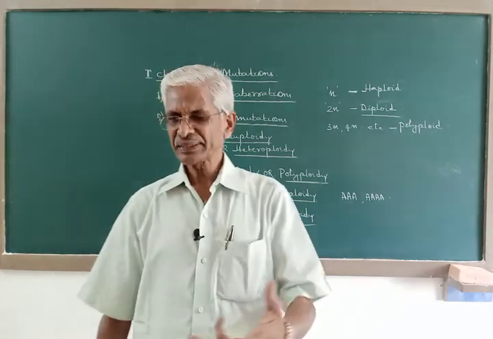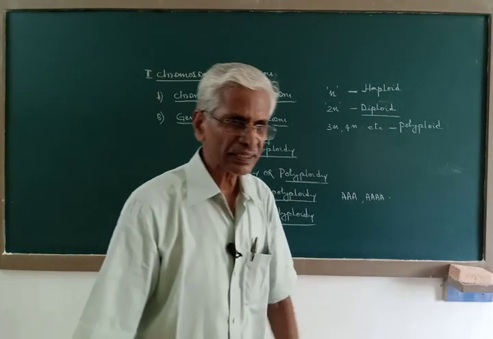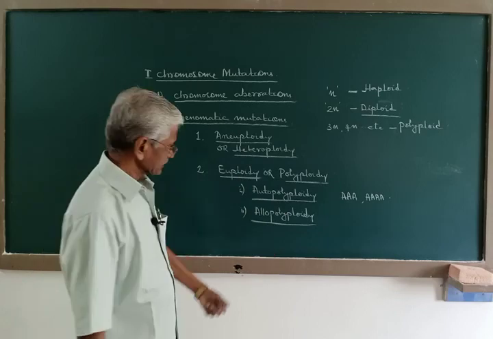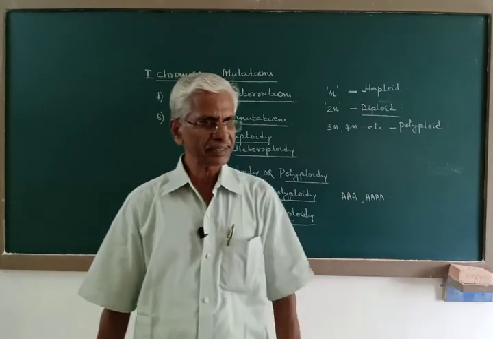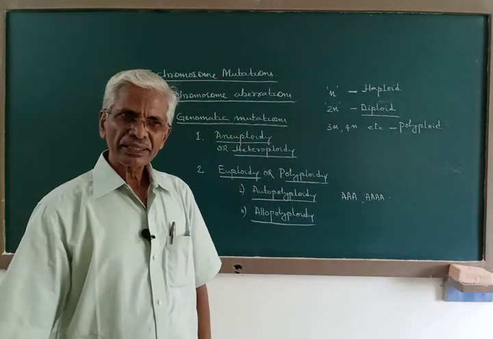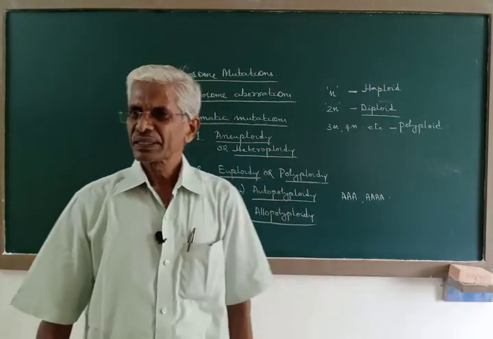So when different sets of chromosomes are present together, exceeding the normal or usual diploid number, then the condition is called allopolyploidy. So how are alloploid individuals produced?